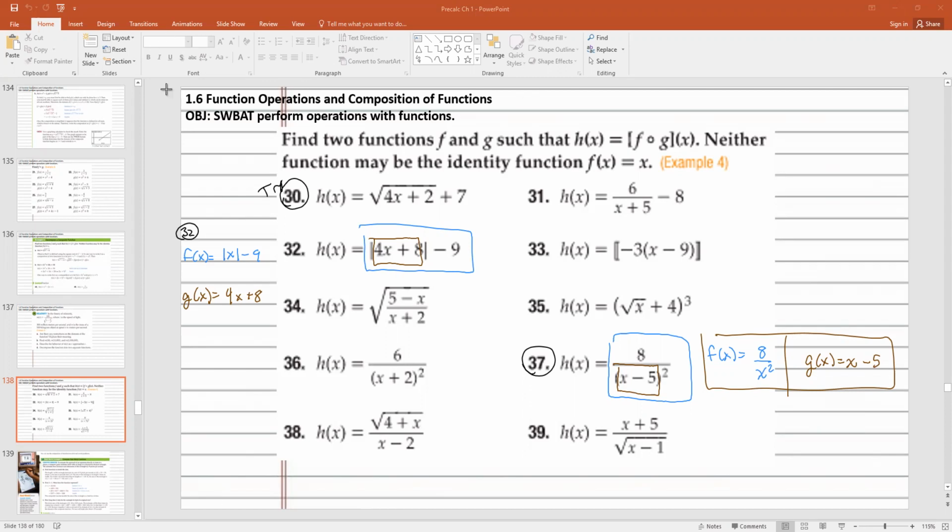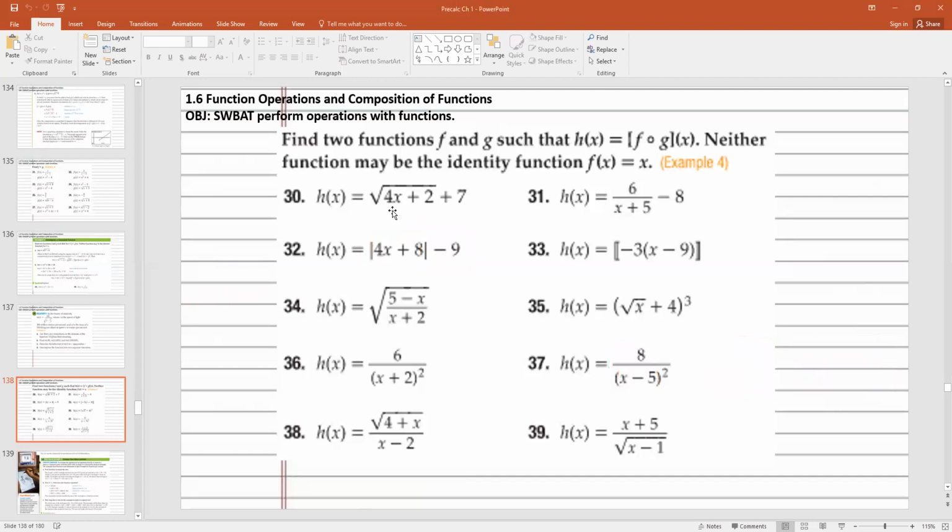And if there are any others that you want to go over, just let me know. 23, 25, 30.